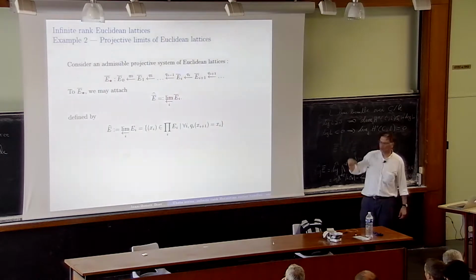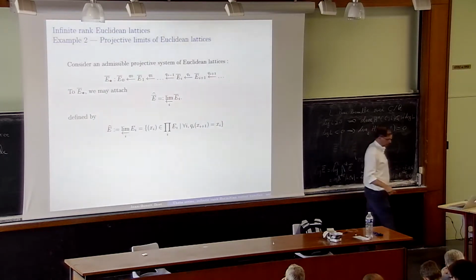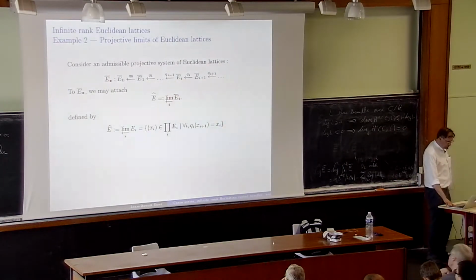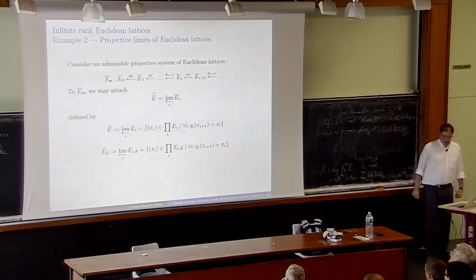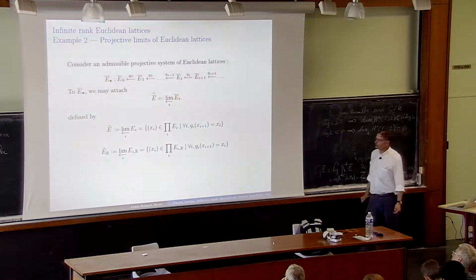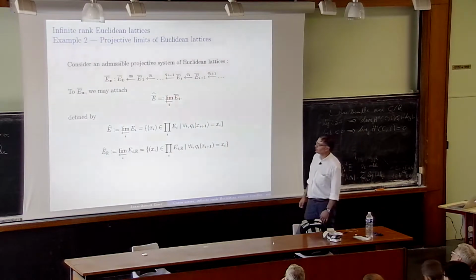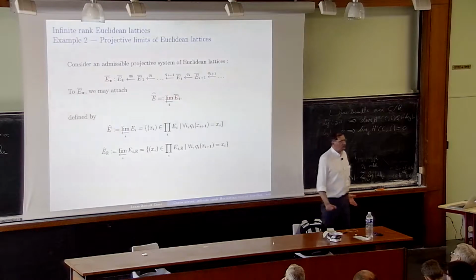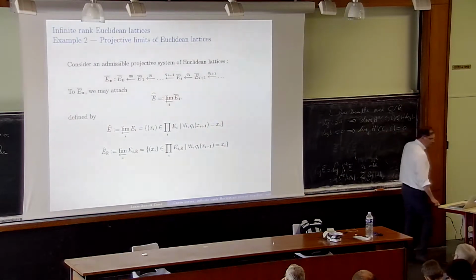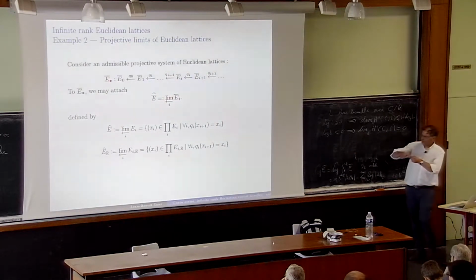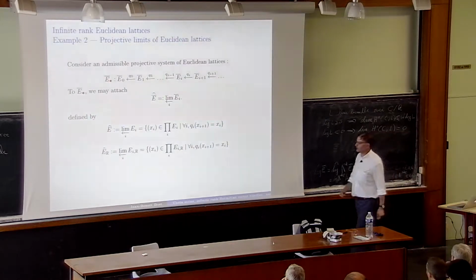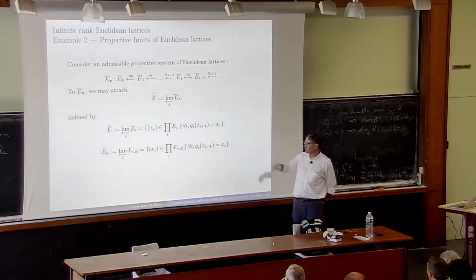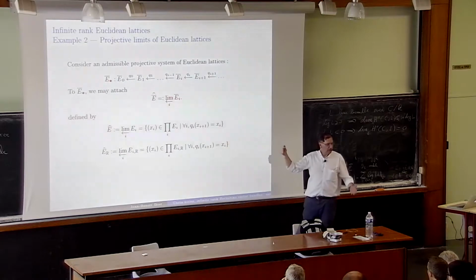Each one projects onto the previous one. And of course, if you take the tensor product with R of this projective limit, you get the projective limit of the underlying real vector spaces, sequences of xi with xi in EiR that are compatible with the system of maps.